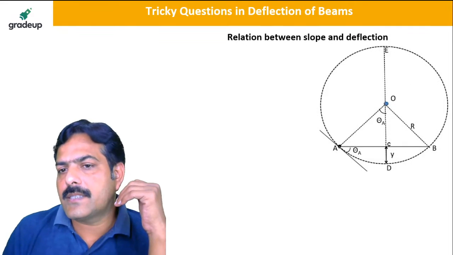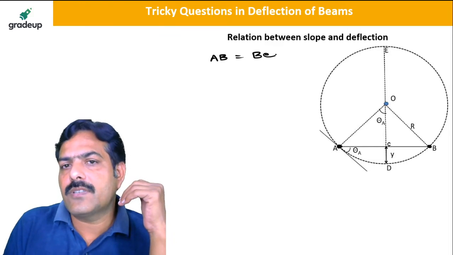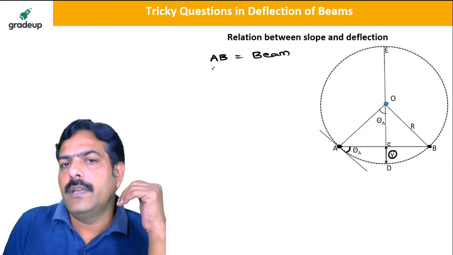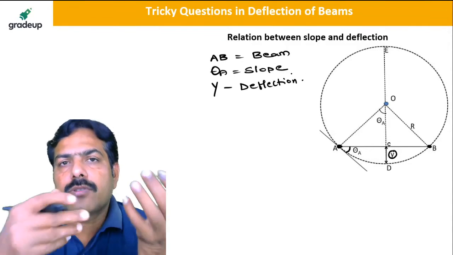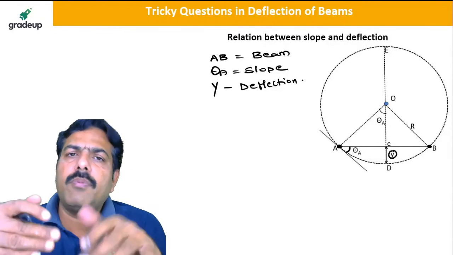So AB is the beam which is going to deflect, right? Y is called the deflection and theta is called the slope. Theta A is the slope of the beam, or theta B, and y is the deflection. Is it clear now? This deflection may be because of a temperature rise, an external movement, or something else.